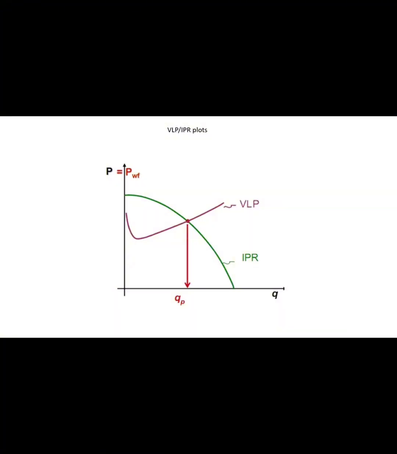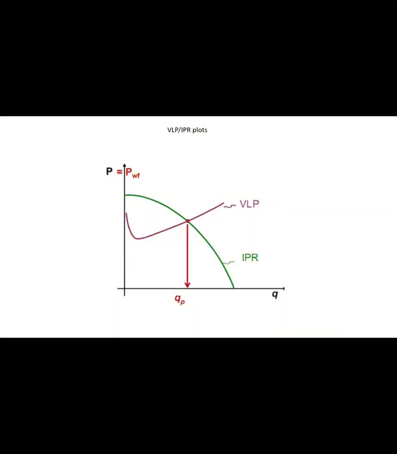On the y-axis we have PWF, meaning flowing bottom hole pressure, and we have rate, QP, production rate. Then we have IPR and VLP. VLP stands for vertical lift profile and IPR stands for inflow performance relationship.